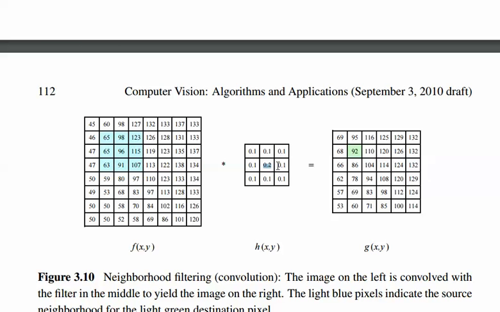If I play with the numbers, say the weight for the pixel in the center is now 0.4, and then these are still 0.1, 0.1, 0.1.